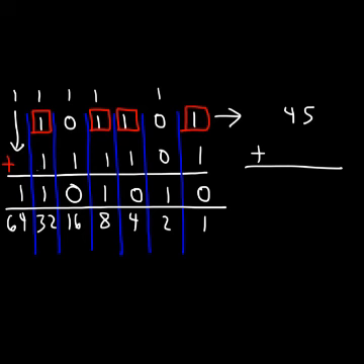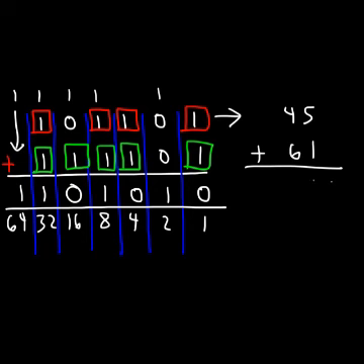Next, we have a 1 for the 32 column, that's 32, plus a 1 for the 16 column, so 32 plus 16, that's 48, plus 8, that's 56, plus 4, that's 60, plus 1, and so that's going to be 61.